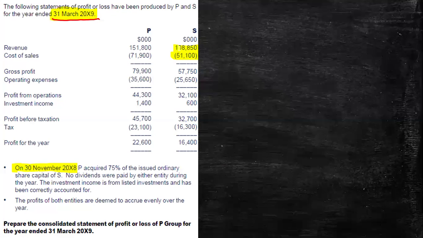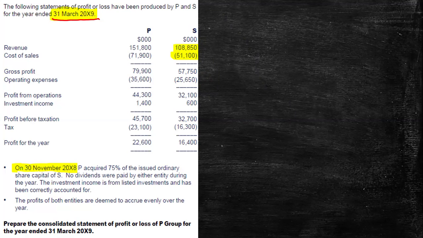So this revenue amount is a full year's revenue amount, for the period of 1st April 2018 to 31st March 2019. Acquisition took place on 30th November 2018. So, in the consolidated statement of profit and loss, we only include the subsidiary's revenue that was made after acquisition, during December, January, February, March.